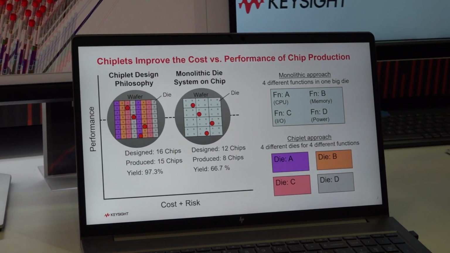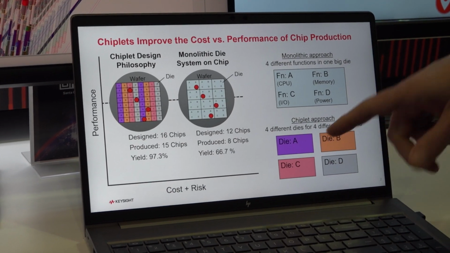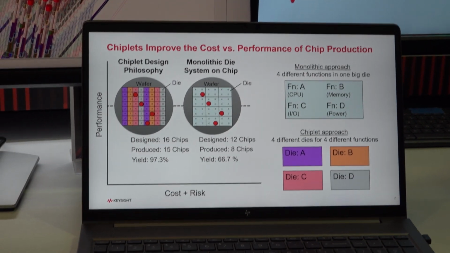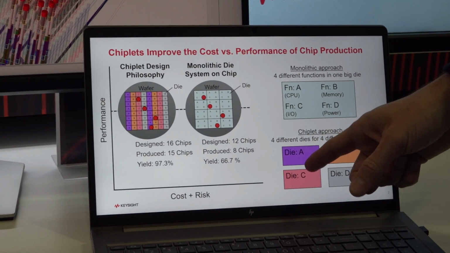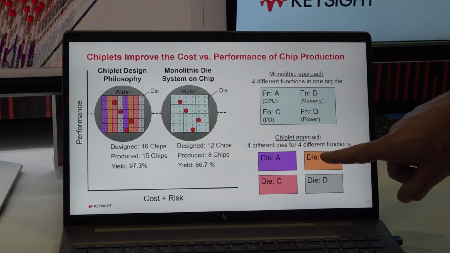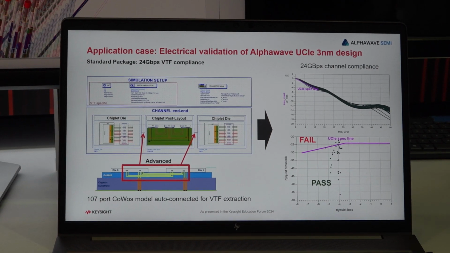And then what happens is we have to put these together into a package. Now, as you're putting them together in a package, the thing that needs to be created is die-to-die communication, and that needs to be standardized such that you could potentially in the future have a die from one vendor being able to speak to a die from another vendor. So how are we going to make sure that we have good signal integrity?